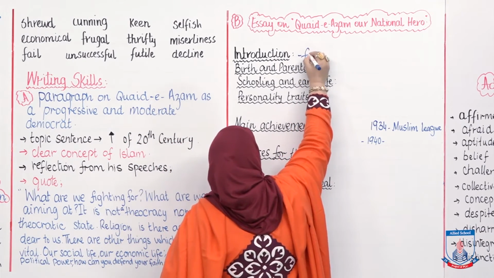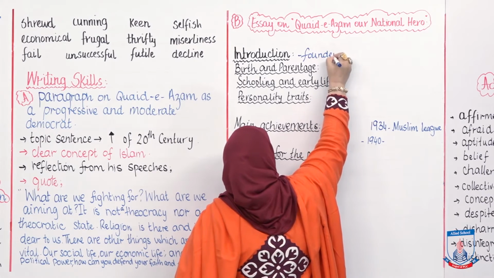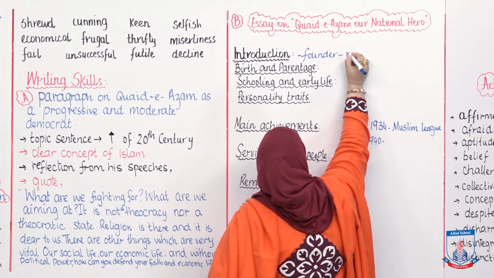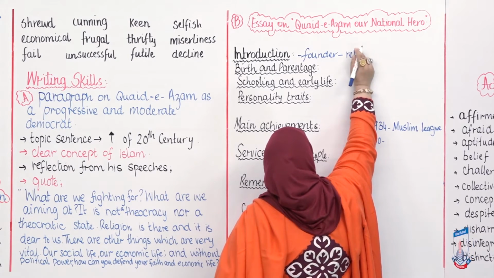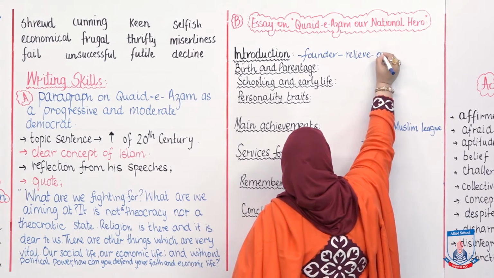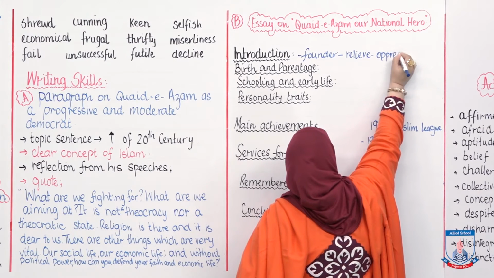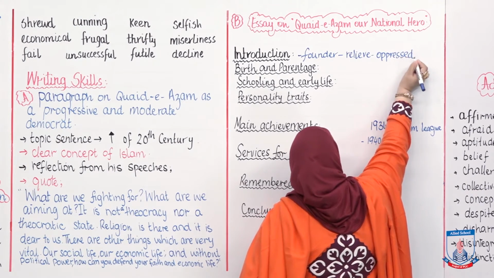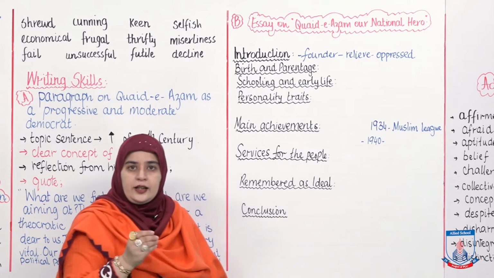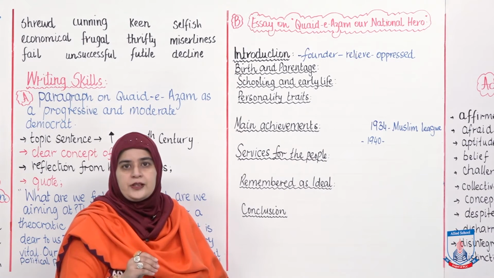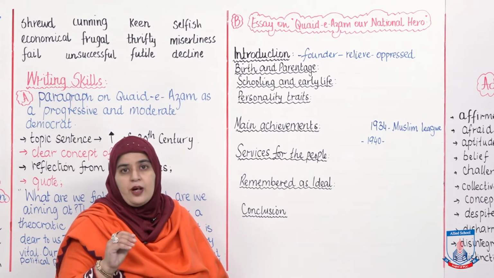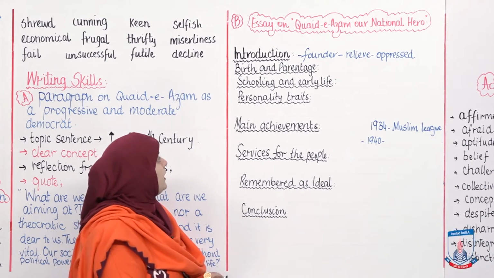He was the founder of Pakistan, who created Pakistan, and he was the person who had provided a relief to the oppressed of the subcontinent. ठीक है, जो oppressed people थे, जो बेचारे परेशान थे, जो under serious problems थे, मुसलमान, Quaid-e-Azam brought a relief to them. ठीक है, he relieved them from the rule of the British Empire. Then your heading is birth and parentage.